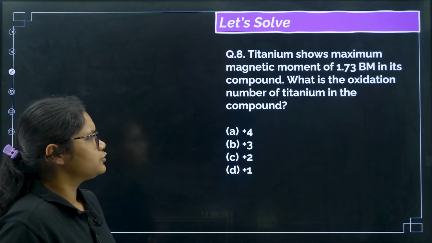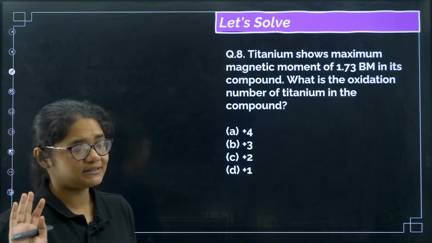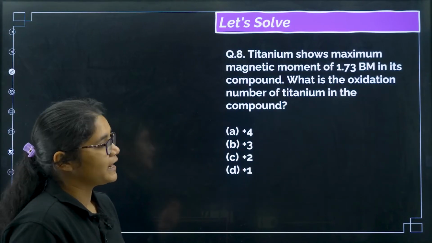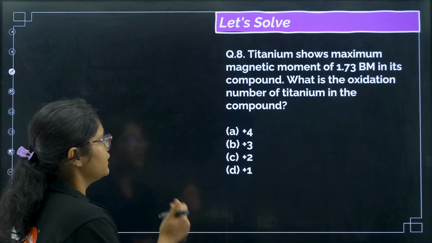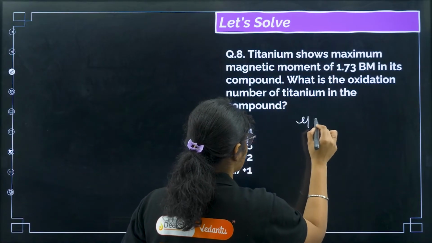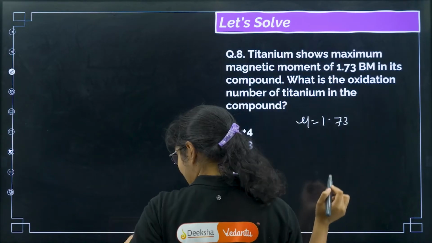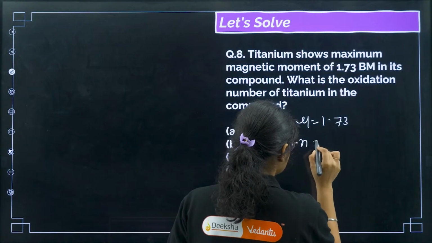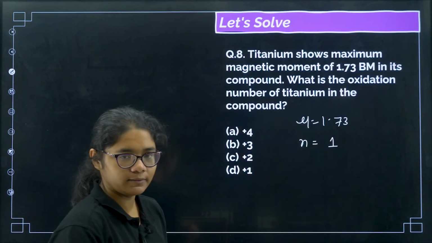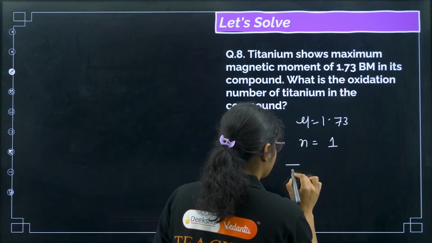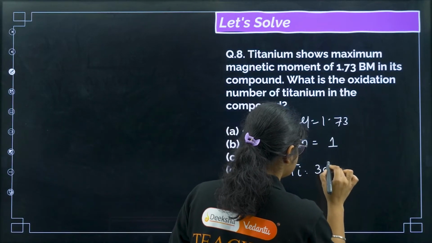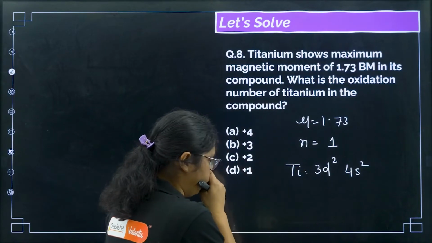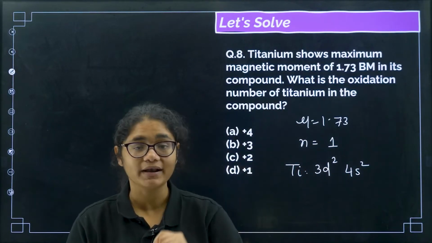Titanium shows a maximum magnetic moment of 1.73 in its compound. What is the oxidation state of titanium in that particular compound? If the magnetic moment is 1.73, then the number of unpaired electrons should be equal to 1. Now titanium electronic configuration is 3d2 4s2, but I want only one unpaired electron.